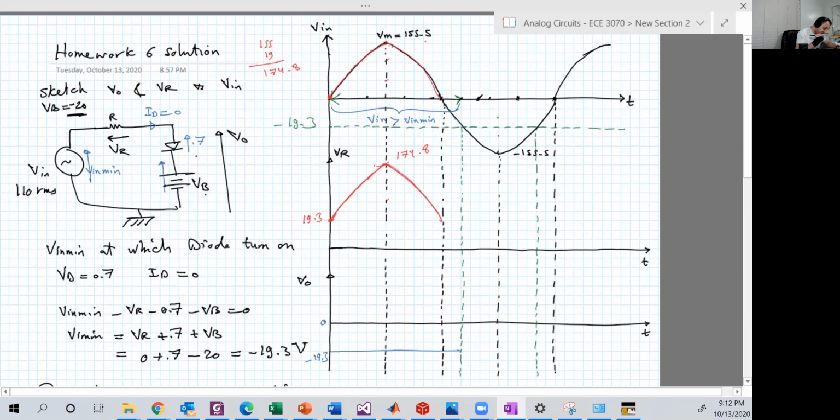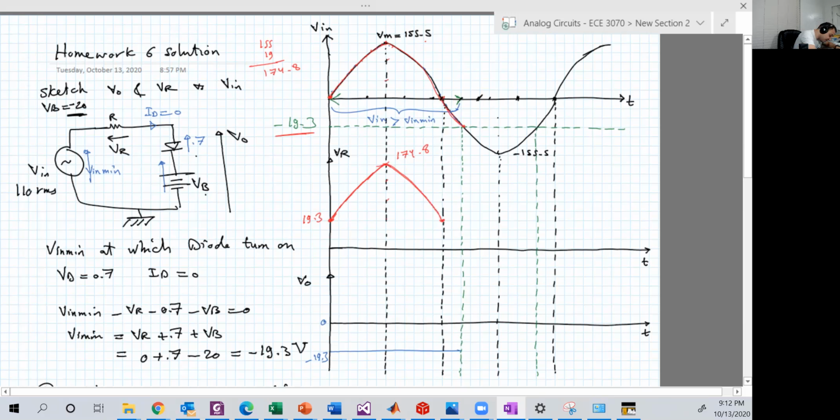Okay, but still we didn't continue it because still this part. So let's do it again also. So here is 0, 0 plus 19.3, we have 19.3. And this one is minus 19.3. So when you add 19.3, it will be 0.